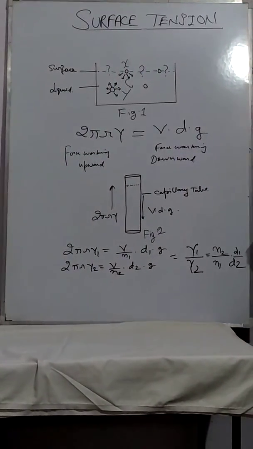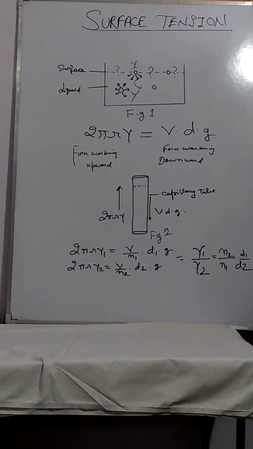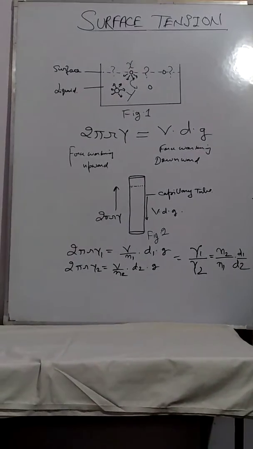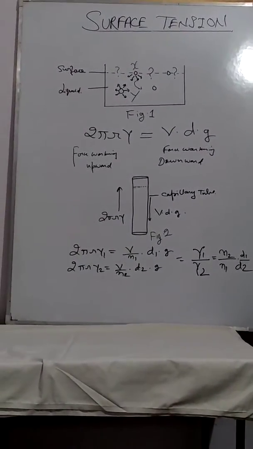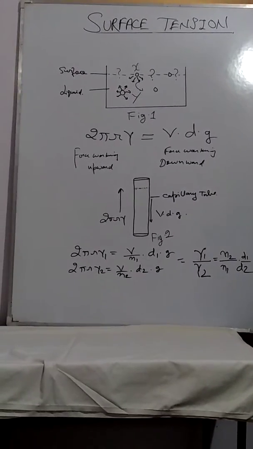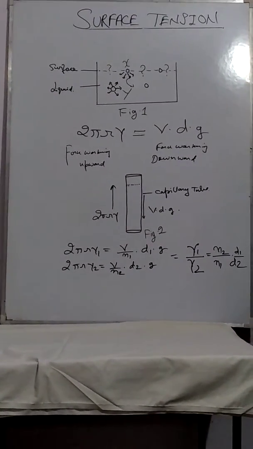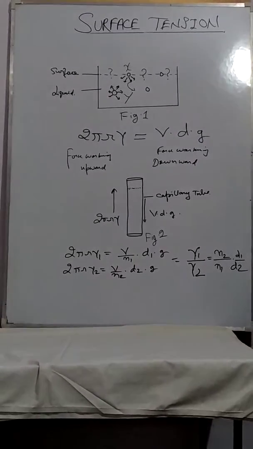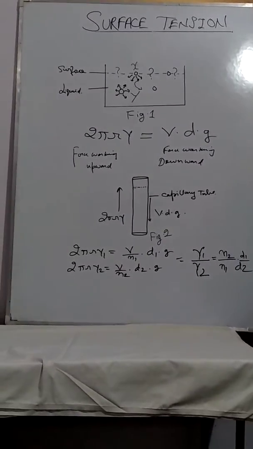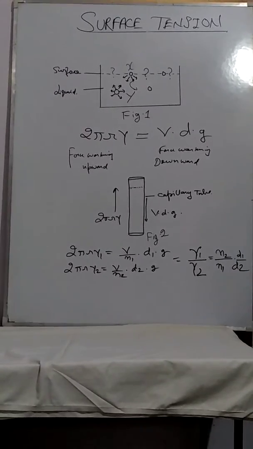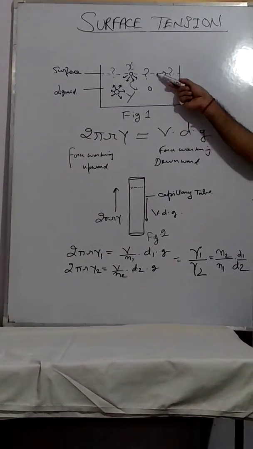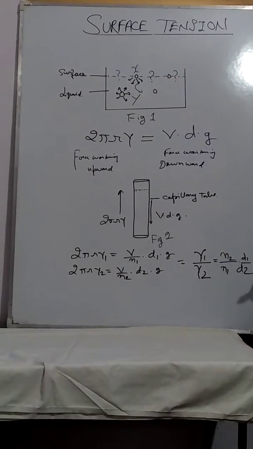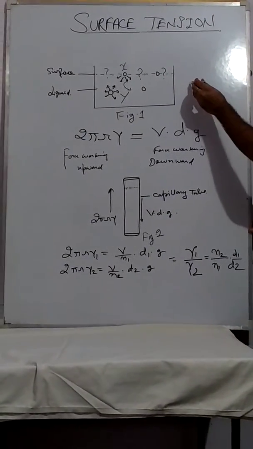This empty space is responsible for generation of surface tension. How? To fill these empty spaces, or these voids, which are generated due to the movement of the surface molecules into the bulk, the molecules present in the vicinity of these empty spaces stretch towards the empty space like this.